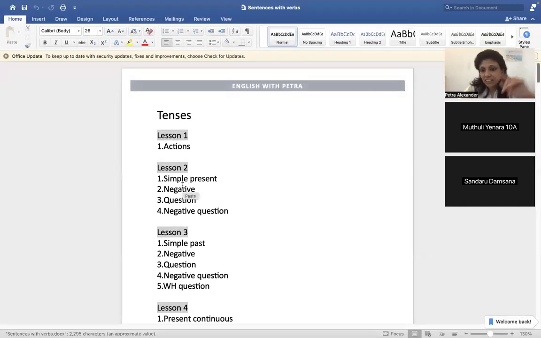First, we take actions. Next one, we learn simple present tense. I eat chicken or I eat fish. Okay, negative. She eats fish. What's the negative of that? Mutuli?